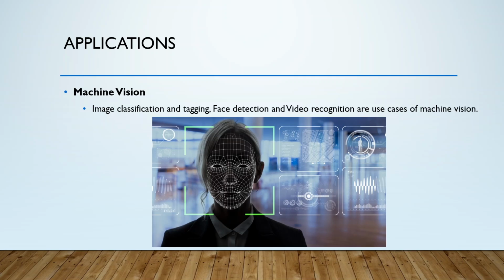Based on that, the face can be detected, and based on the detected face, it can be classified whether that person is an employee of that office or not. If he or she works there, then the gate will be opened for that person. So that is one example of pattern recognition, which has an application in the domain of machine vision.